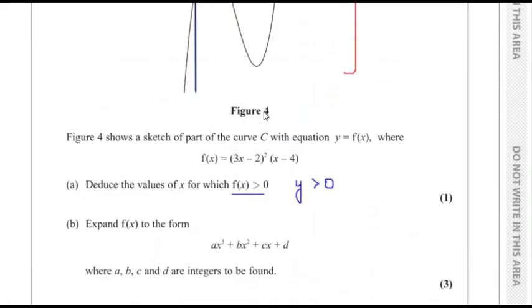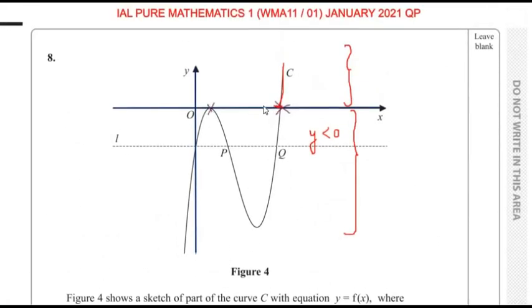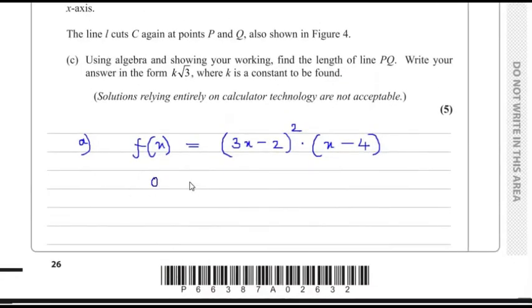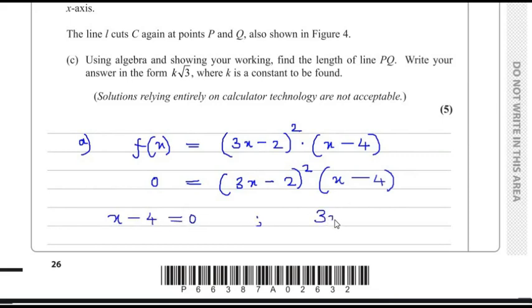So if the curve is touching the x-axis, the y coordinate is going to be 0 here. So the y coordinate of the curve, let me take it as 0. So this is equal to 3x minus 2 the whole squared times x minus 4. So we have two factors here, that is x minus 4 is equal to 0, and we have another factor here, 3x minus 2 the whole squared equal to 0.